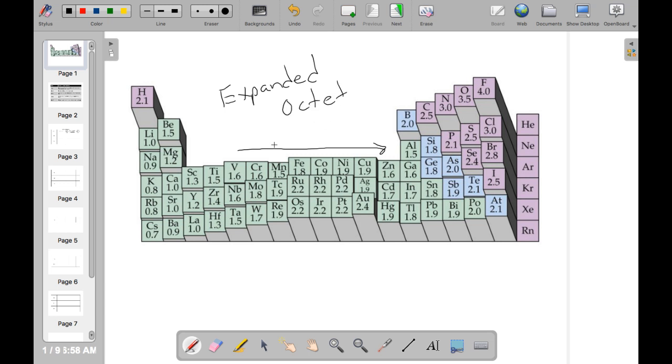They can do that because these d orbitals, which are right here, are empty. So think of it as sort of like an empty little pocket that you can put extra electrons in. Now these up here do not have d orbitals. Remember, this is energy level 1 and 2. So there's no d orbitals up here. It's down here that they're empty.